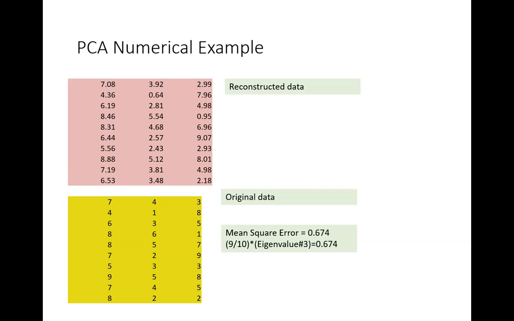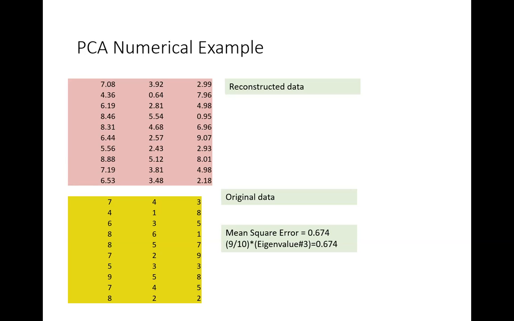That reconstruction error comes out to be 0.0674. Now, if I multiply it by 0.9, I get 0.674, which is the same as the smallest eigenvalue. That means my mean square error is the same as the smallest eigenvalue.